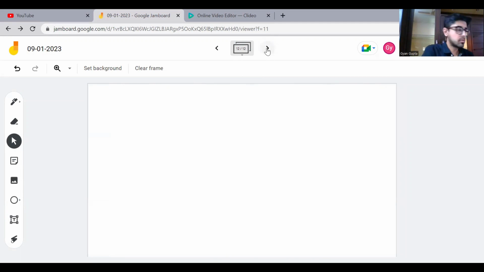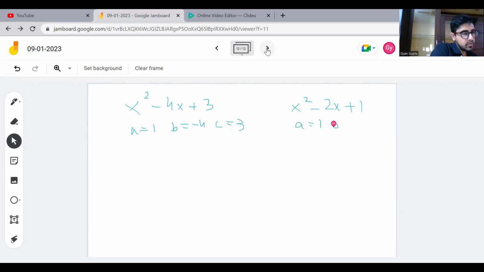Let's quickly use this to solve x square minus 4x plus 3 and x square minus 2x plus 1. Here a is 1, b is minus 4, and c is 3. For the second, a is 1, b is minus 2, and c is 1. Delta is 16 minus 12, which is 4. Delta is 4 minus 4, which is 0.